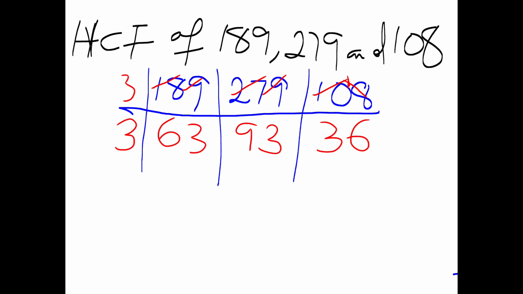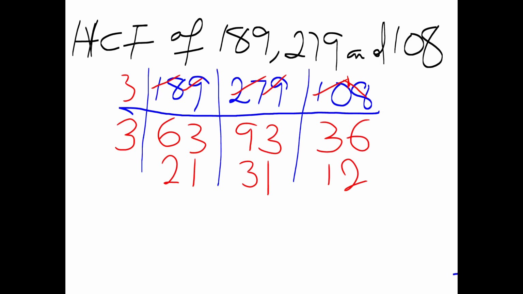So we divide one by one. 63 divided by 3. That is 21, right? Very good. 93 divided by 3 gives us what? 31, right? Good. How about 36? 36 divided by 3 gives us what? 12. So easy, right? Good.